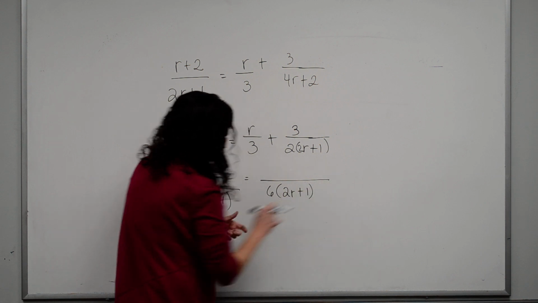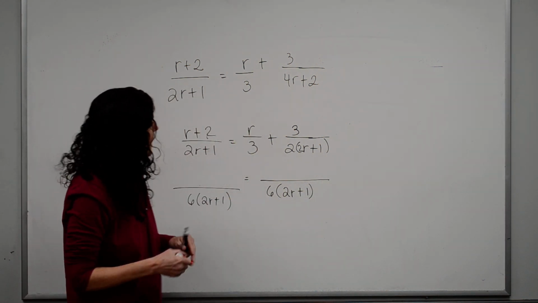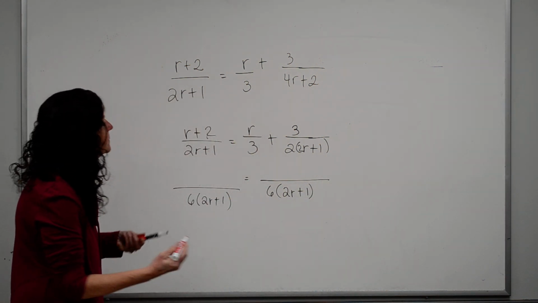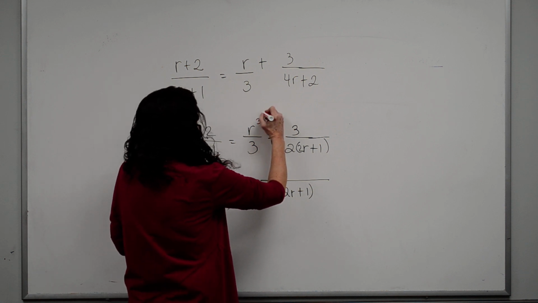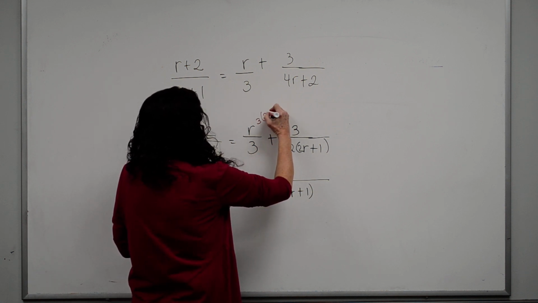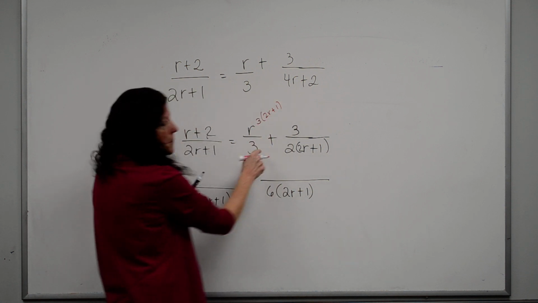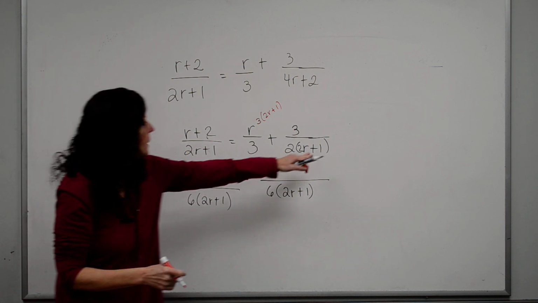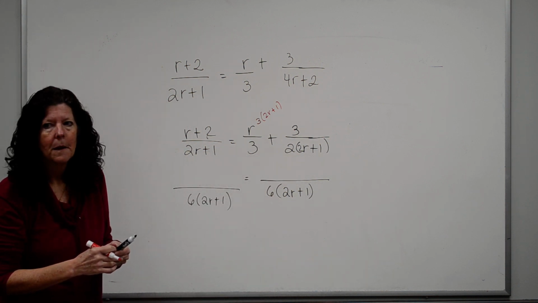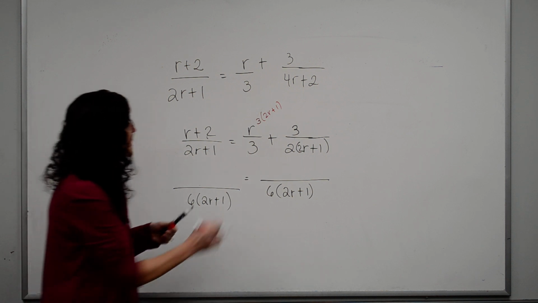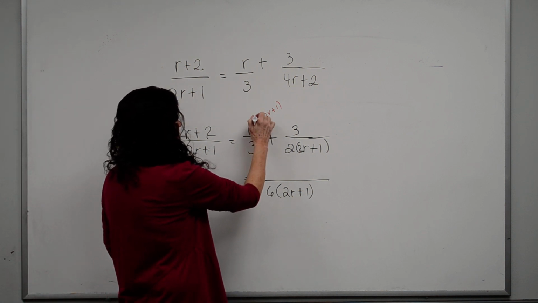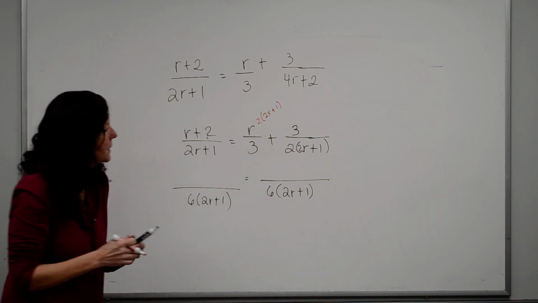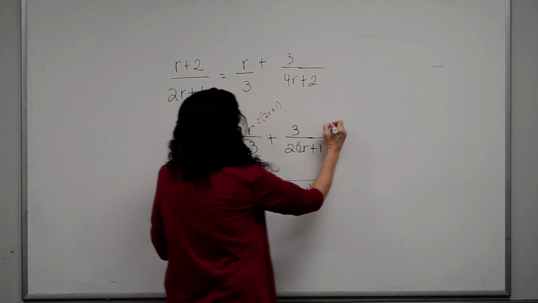All right, what am I going to have to multiply that by? 3. Isn't that missing the 2r plus 1? What am I going to have to multiply that one by? That's actually 2. 3, okay?